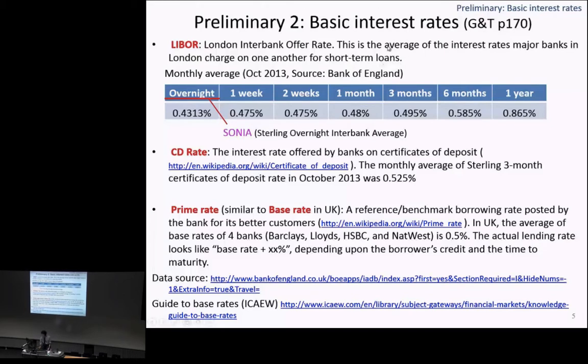So every morning, this institution called Intercontinental Exchange asks 16 major banks the following question. At what interest rate do you think you can borrow from other banks today if you want to borrow for 1 week? What about 2 weeks?